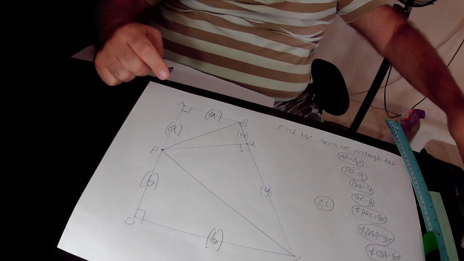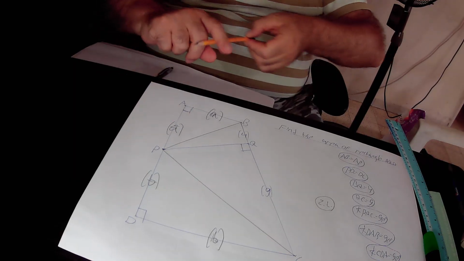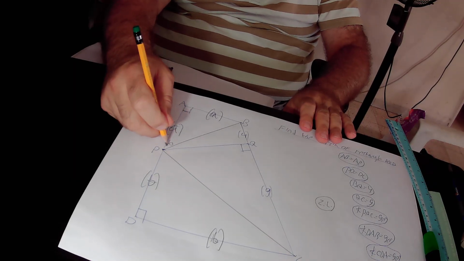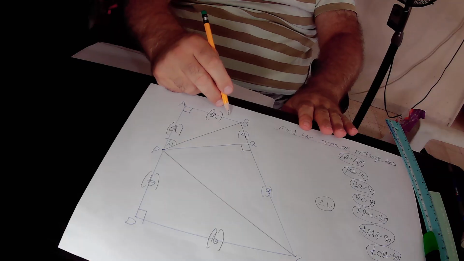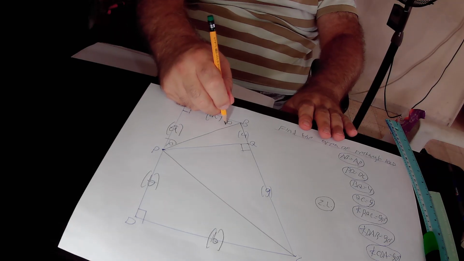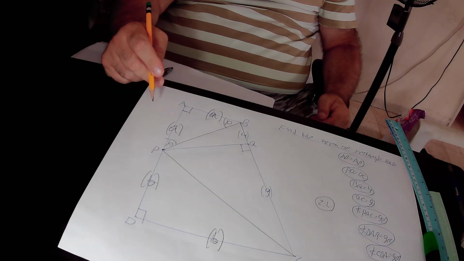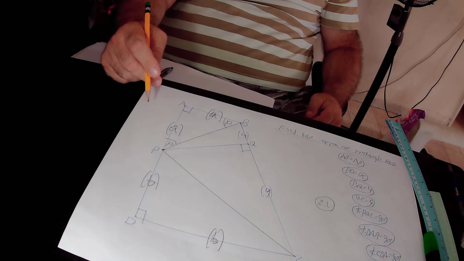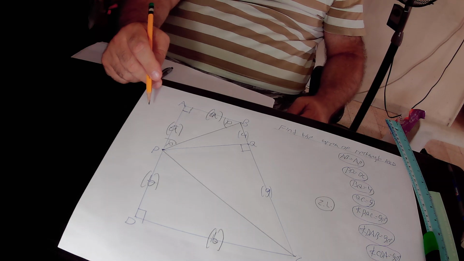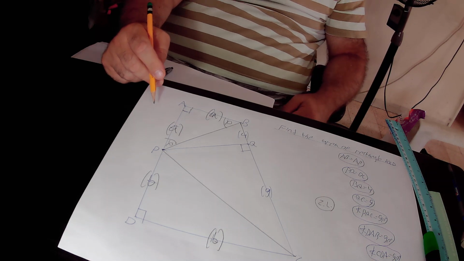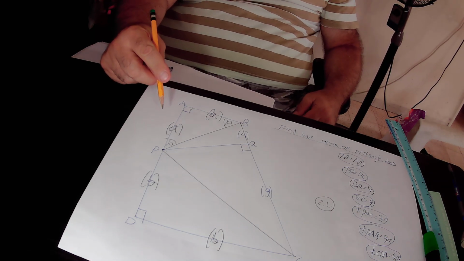So if we define the size of this angle as alpha, then the size of this angle must also be equal to alpha because they must be equal to each other according to the rule that I mentioned. We also know that the sum of the angles in any triangle is equal to 180 degrees. And that is so also in this right triangle, triangle PAB.